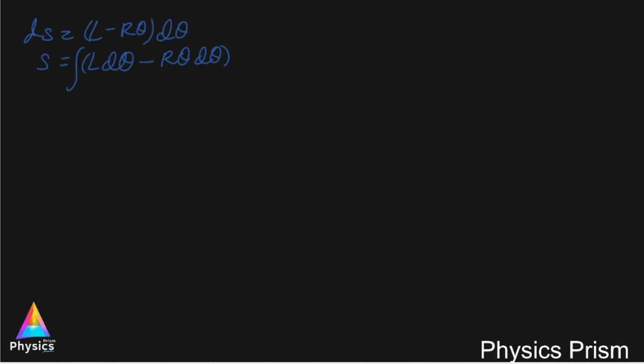So the limits are from 0 to L over R, L d theta minus R theta d theta. This L theta will yield up our L squared over R term, and this R theta d theta is nothing but R times L squared over R squared over 2, because this term is theta squared over 2, so we put the limit and we get L squared over R squared, that term.